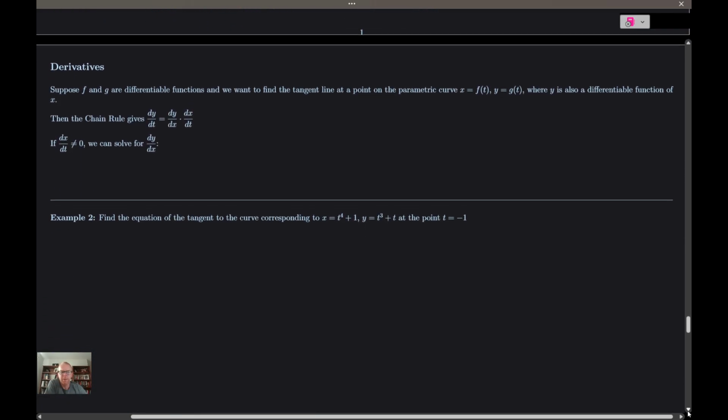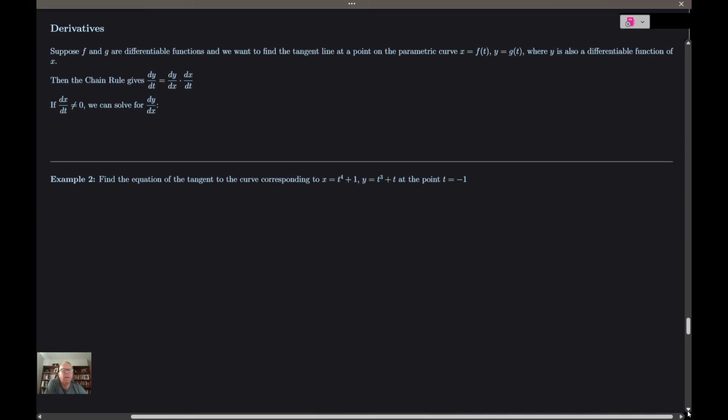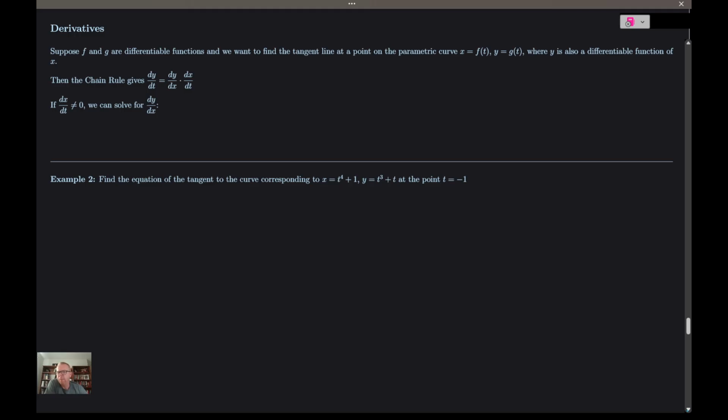All right. So let's get to the calculus of this, derivatives. So when f and g are differentiable functions, we want the tangent line at a point on the curve where x equals f of t and y equals g of t. If y is also a differentiable function of x, then the chain rule gives us this: dy/dt equals dy/dx times dx/dt, something we learned in Calculus 1.